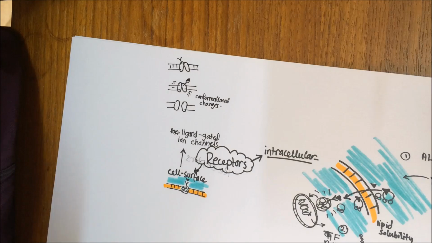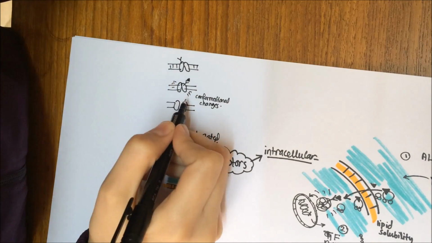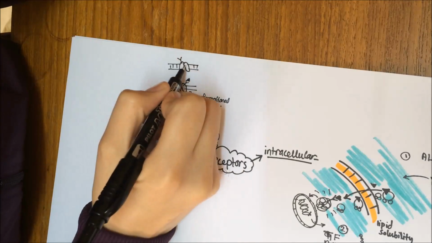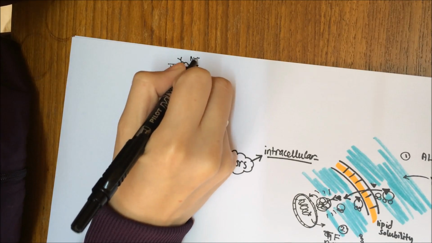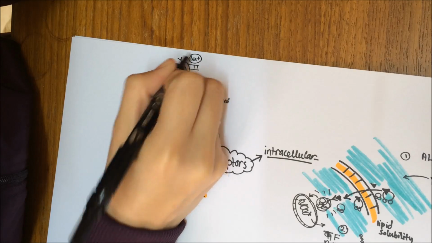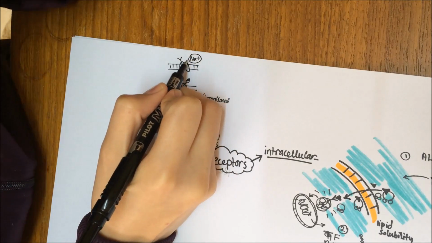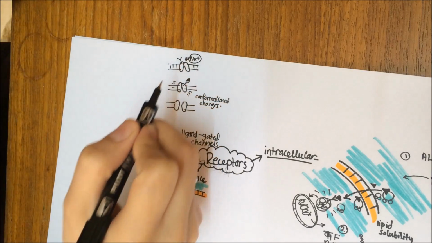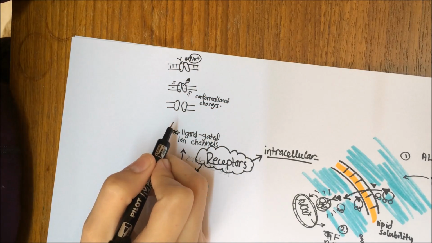Now, usually each gate is specific, each protein is specific for a certain ion. Like for example, let's assume this was a sodium channel. Now, if these Na molecules, the sodium molecules, are trying to pass here, it is closed, so it will not be able to cross.